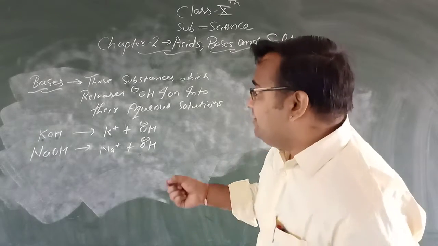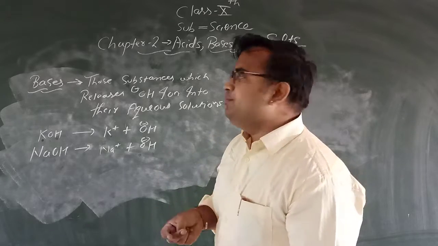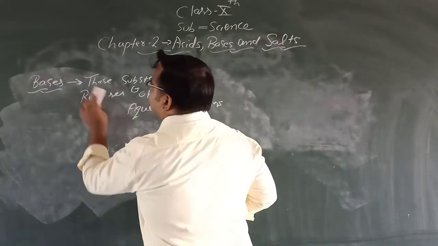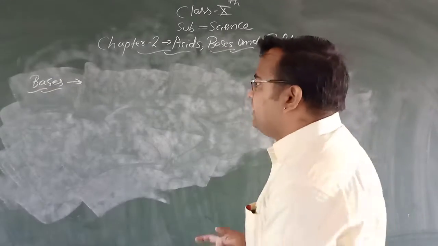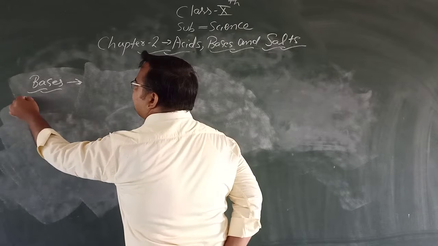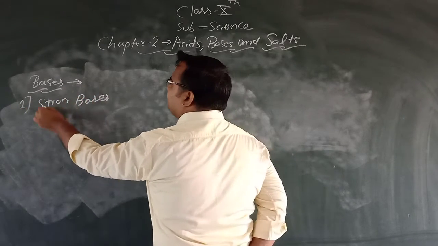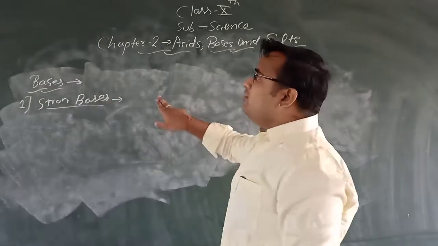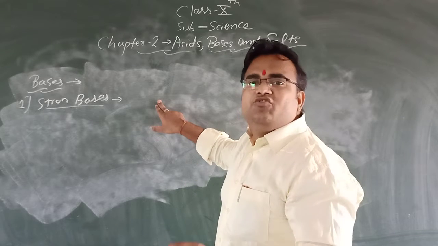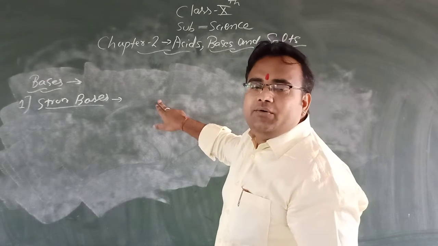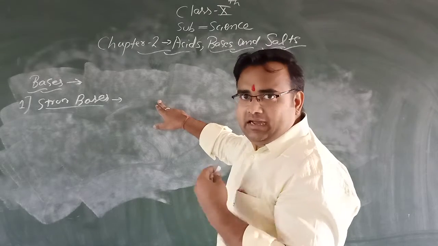Clear? Now, the bases are also divided into two subtypes, that is strong bases and weak bases. Strong bases are those bases which release OH minus ion completely, whatever the amount of OH minus present in the compound.